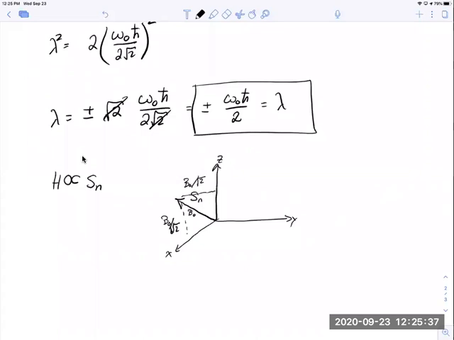So this means that they're equal. So that means this angle here should be 45 degrees, which is theta equals 90 degrees, pi over 2 divided by 2, so pi over 4. And phi is along the x-axis, so phi will be equal to 0 because there's no y component.